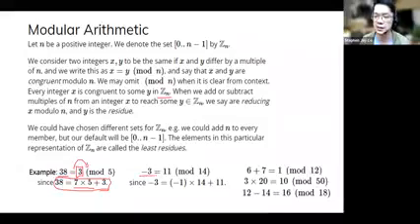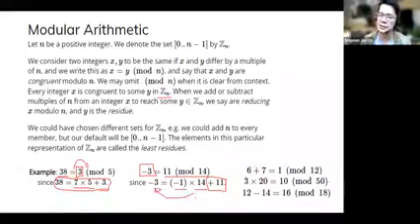Another, negative 3 is the same as 11 modulo 14, because negative 3 is the same as negative 1 times 14 plus 11. So the remainder is 11. Negative 1 times 14 is negative 14, plus 11 would give us negative 3.